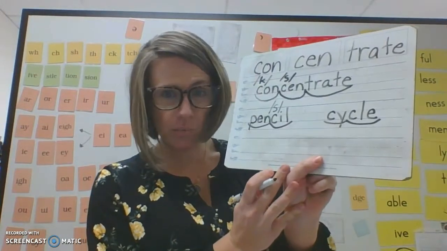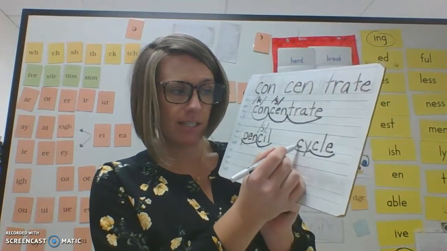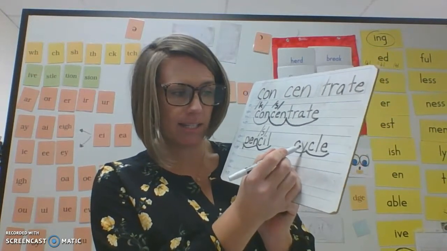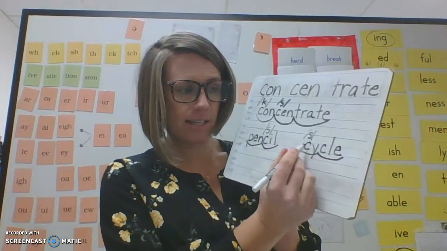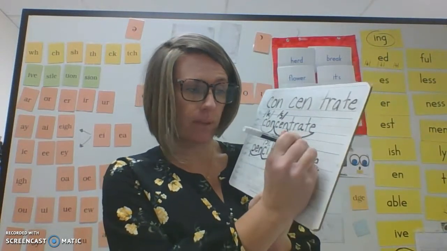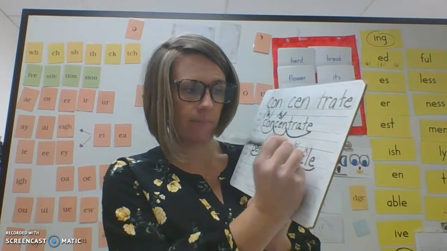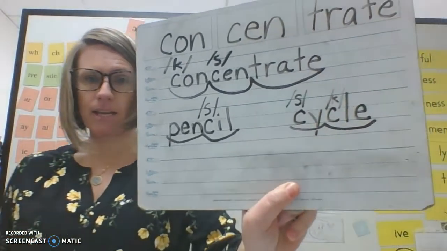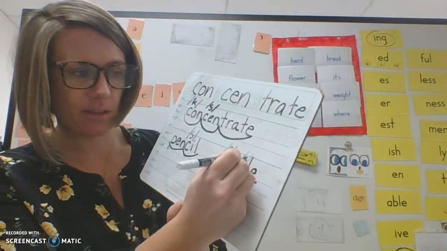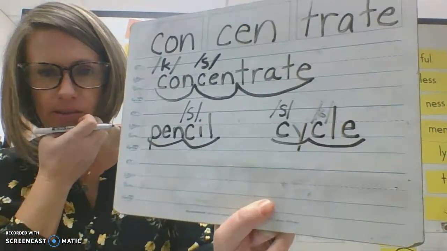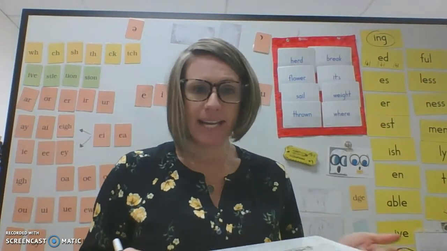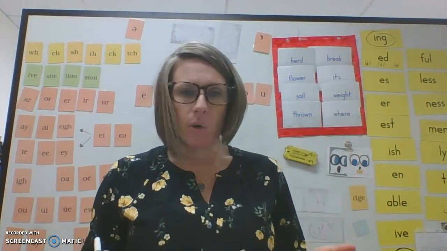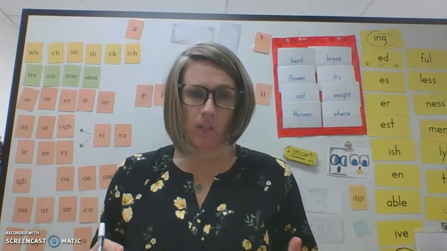So I did my scoops. Here's the first C. It's followed by a Y. And it says S. And here's the next C. Cycle. Well, that one sounds like a K. So I'll write it like that. Cycle. Can you see the little K in there? Okay. Now, if I gave you just the word cake, we wouldn't normally mark that the K sound sounds like a K because it normally does.